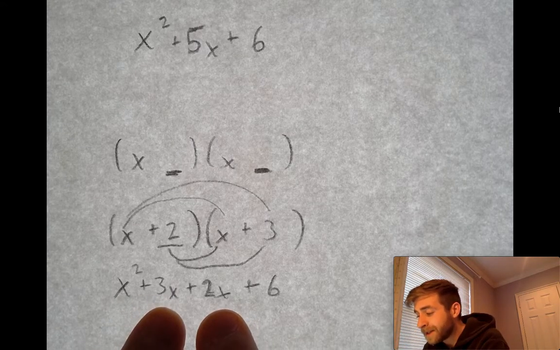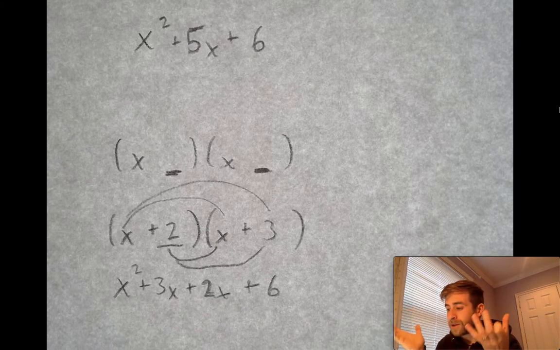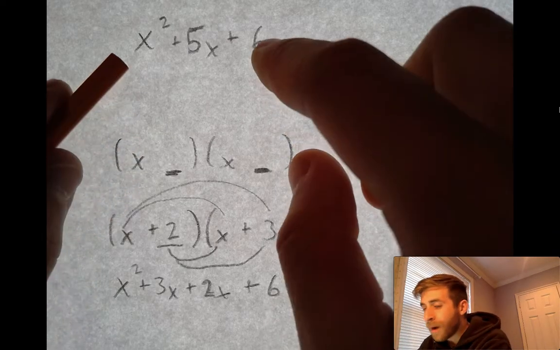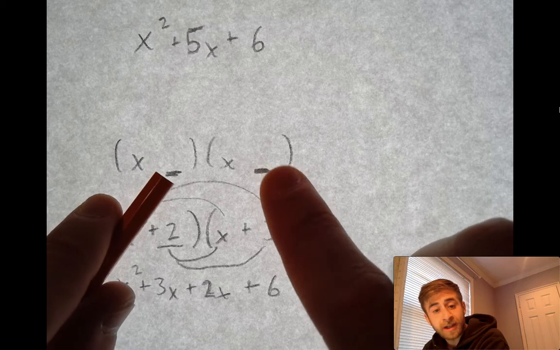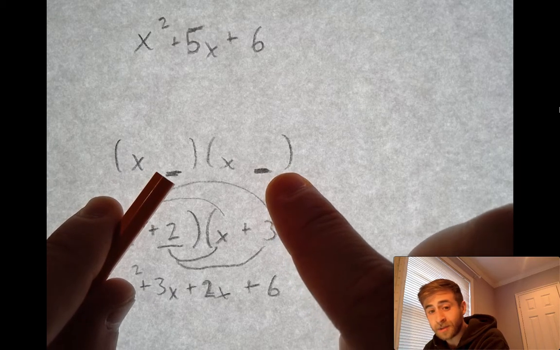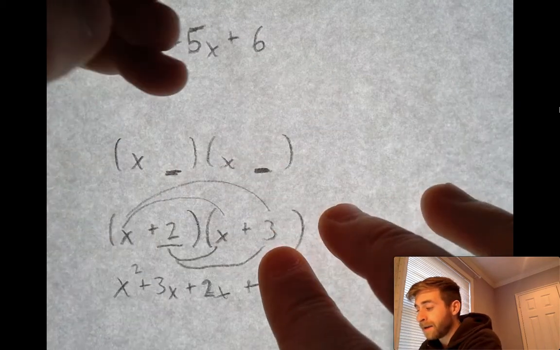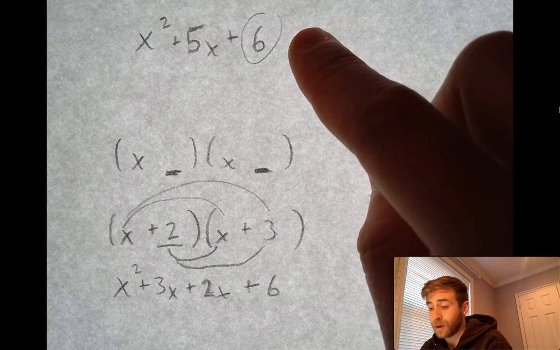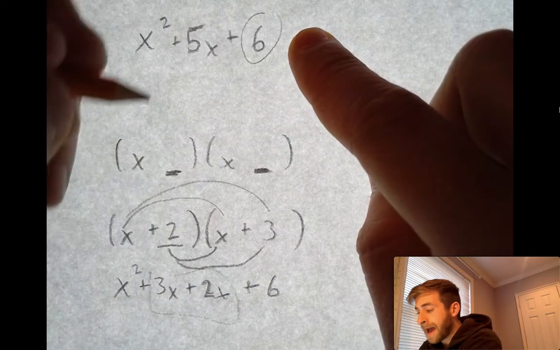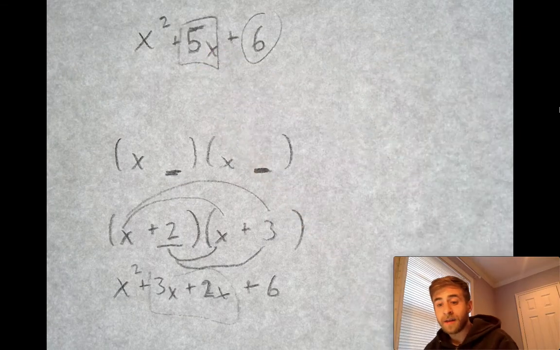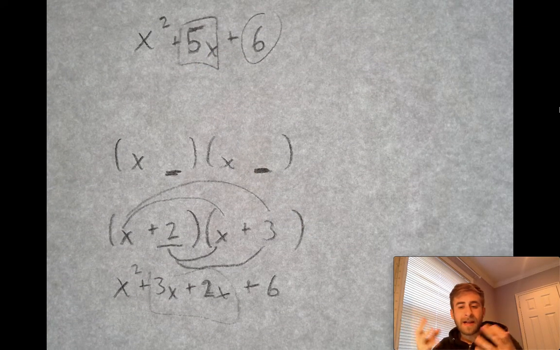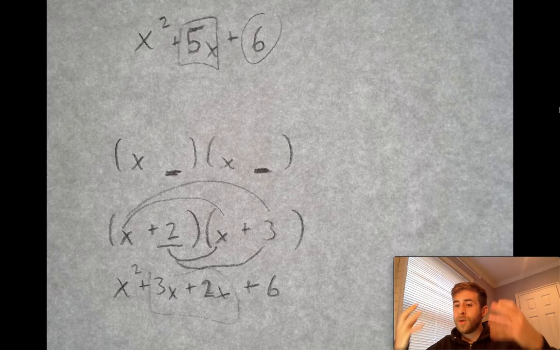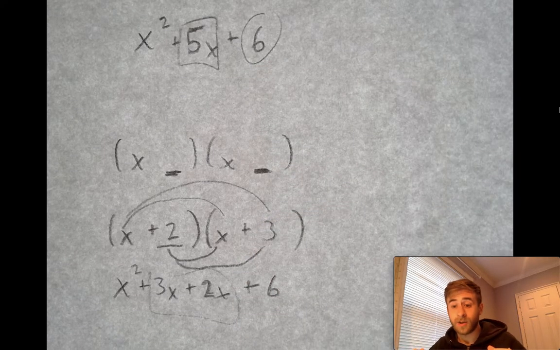Here's a little rule you get to learn: when I have a trinomial, the last terms in each of the two factors are going to multiply to make the last term, and then they're going to add to make the middle term. That's the observation we're going to use as a way to reverse this situation.